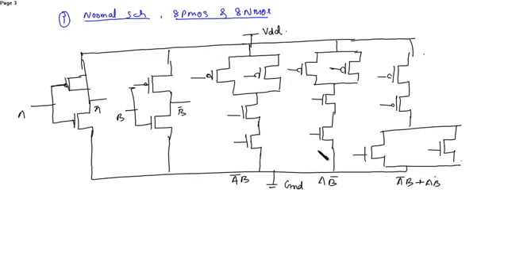Similarly for the second AND, and the outputs of the first and second AND will act as the inputs of the OR gate.